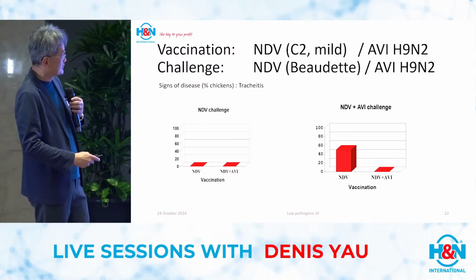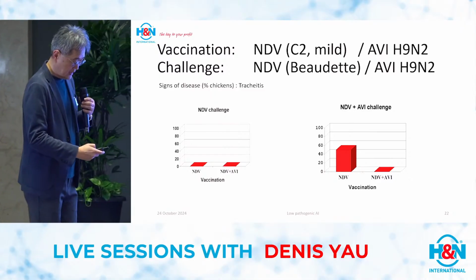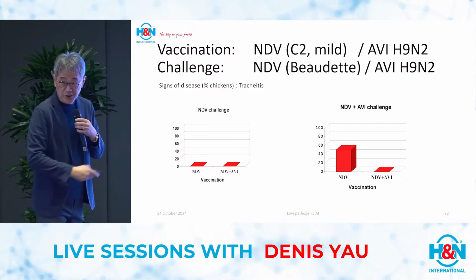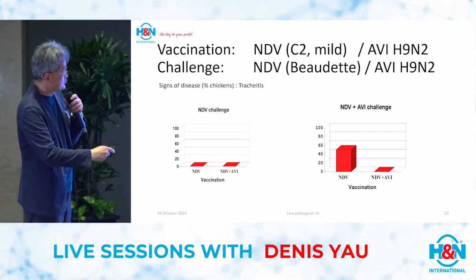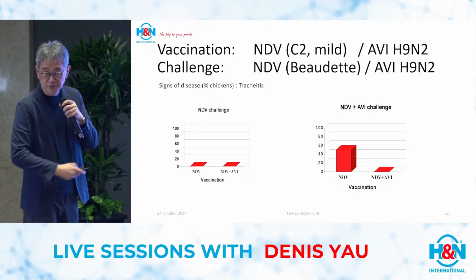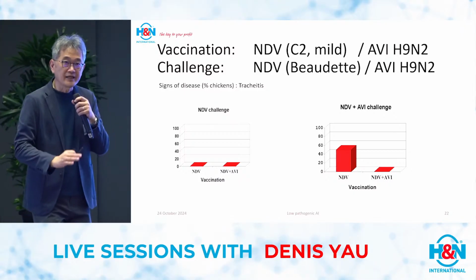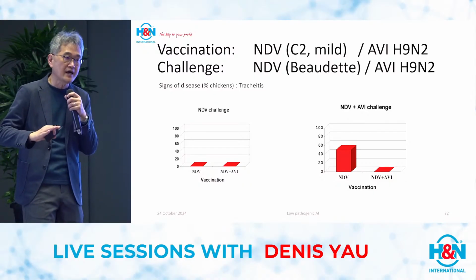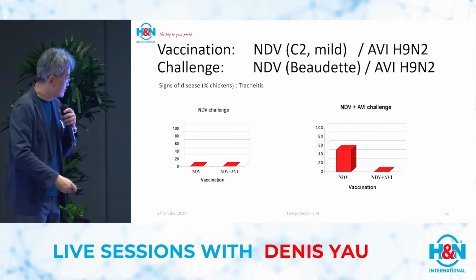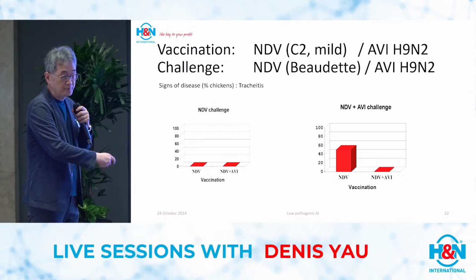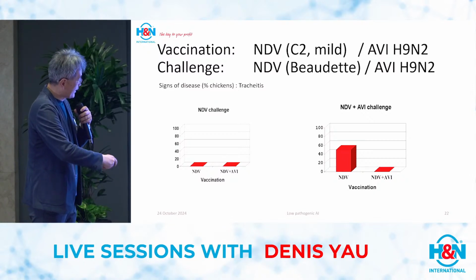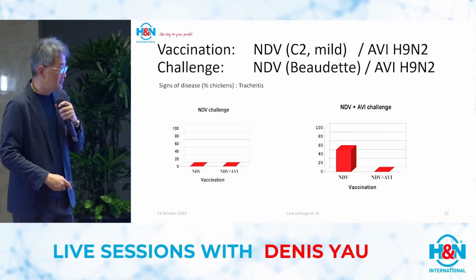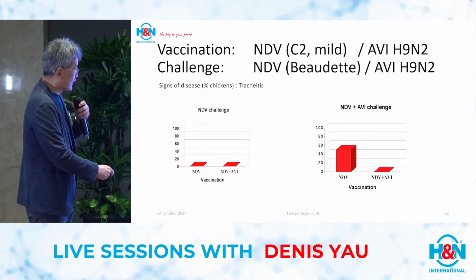Okay, now I have another issue here. Now we're using the mesogenic type as a challenge, but mild C2 as ND is not protected properly in the face of a velogenic strain presence. You see here, no problems with single ND or ND plus H9N2 challenge.